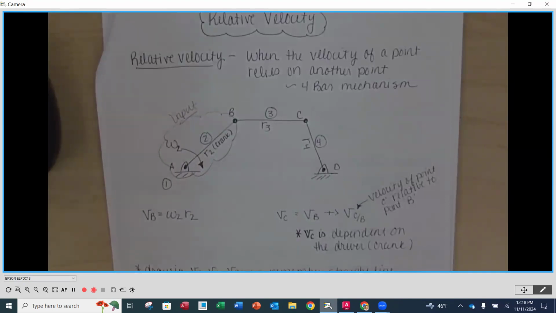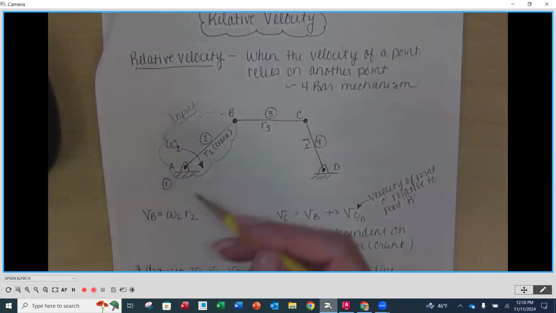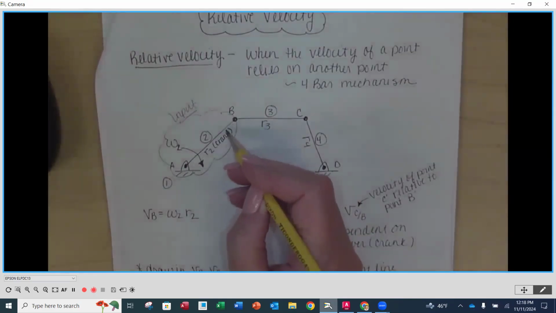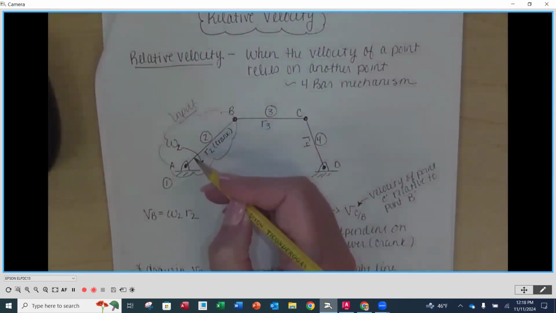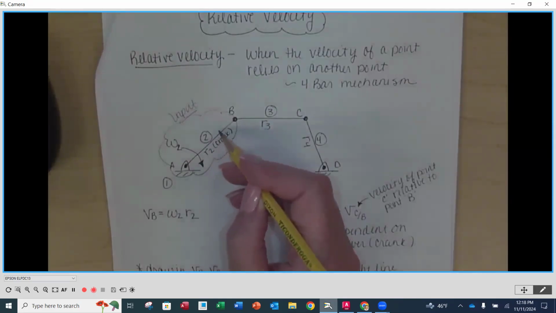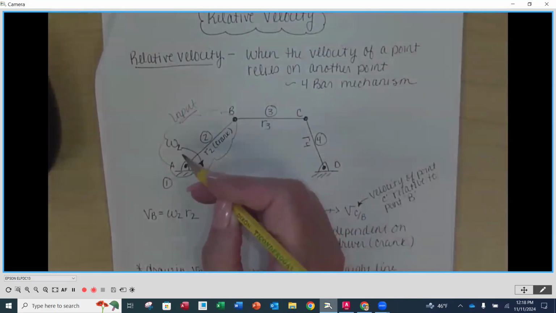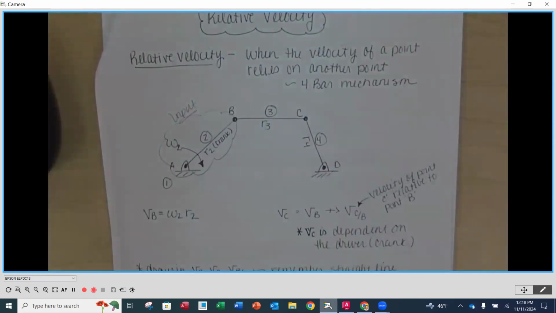And again, in our previous lecture, we went into detail on how every point on that link is going to be going at the same angular velocity. So any point along link number 2, whether it's close to the center of rotation or all the way out at the very end, has the same angular velocity as that link because they lie on link number 2.